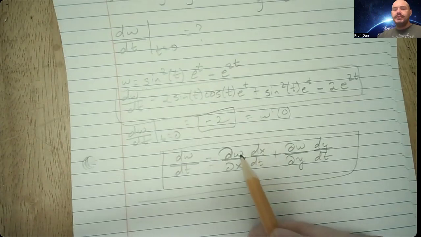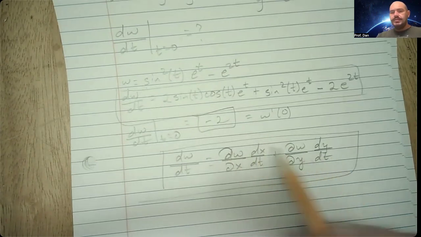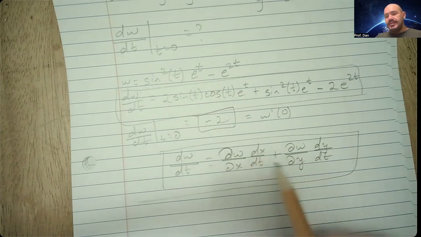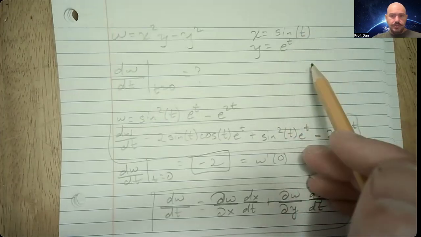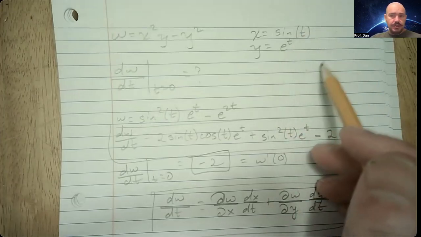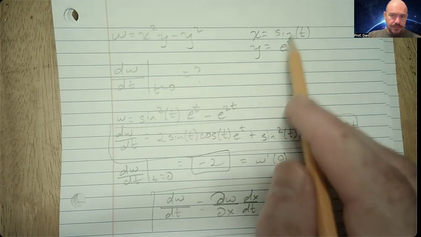When looking at this rule, the first thing I want you to notice is when I'm using the partial derivative versus the ordinary. For dx dt and dy dt, we're using an ordinary derivative because both of those are functions of just one variable, just t. That's the only independent variable there.